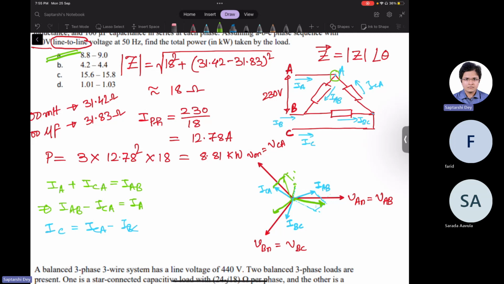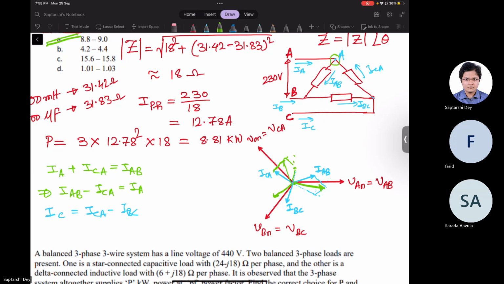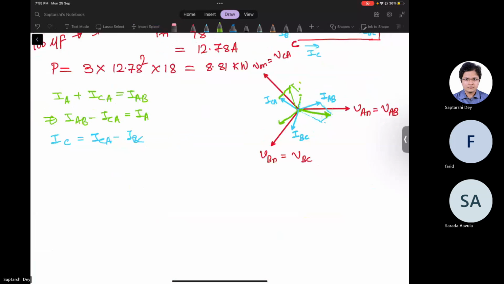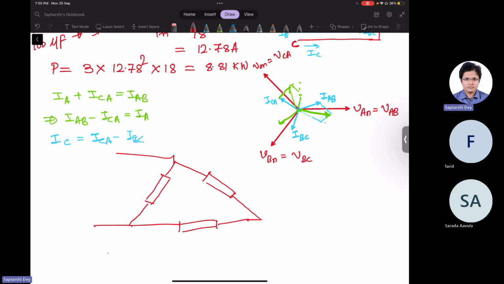This KCL is wrong. Where is the KCL wrong? Wait a second. Like this.